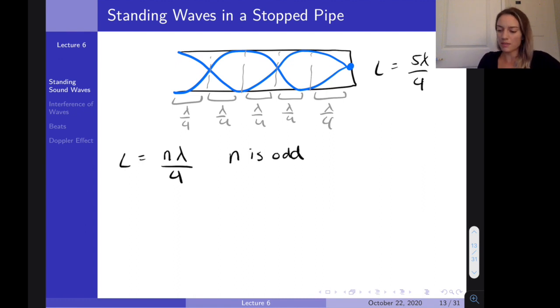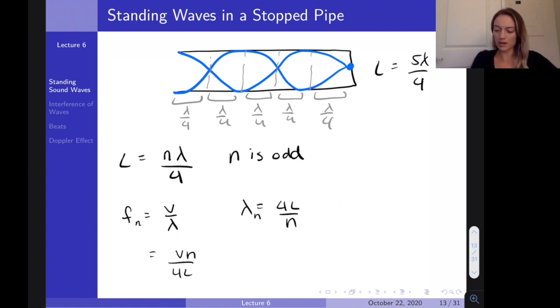And now to find the harmonics of this, again, we can just do Fn is equal to V over lambda. We know lambda is 4L over n. So Fn is V over 4L, times n, right?